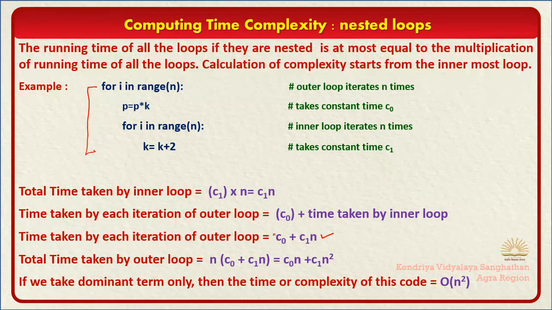It will take the time taken by one iteration into n. You can see it here in the second equation. When we expand this equation, it will be c0n plus c1n square. Now we can see there are two terms, and the n square term is the dominant term, and that's why we can say the complexity of the nested loop is order of n square.